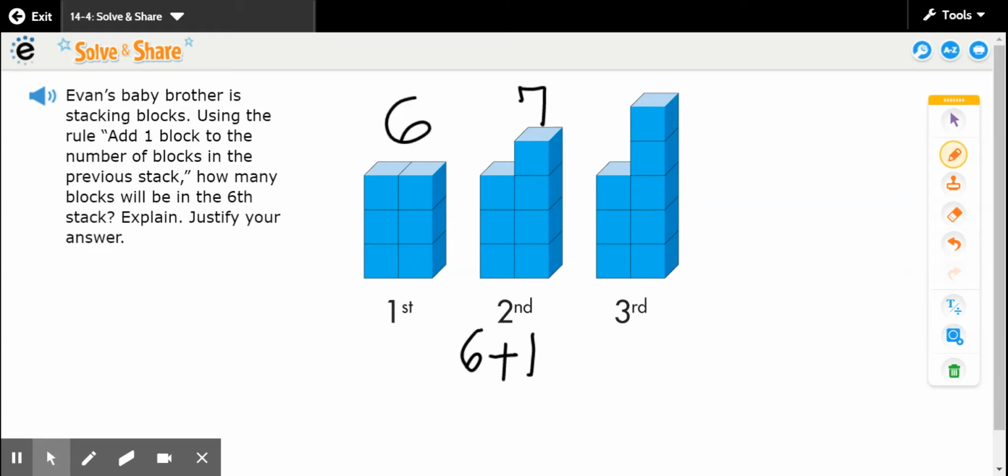Now, in my third stack, I have 1, 2, 3, 4, 5, 6. My original 6 is there. Now, I can tell that they not only added the 1 from the second stack, they increased that.